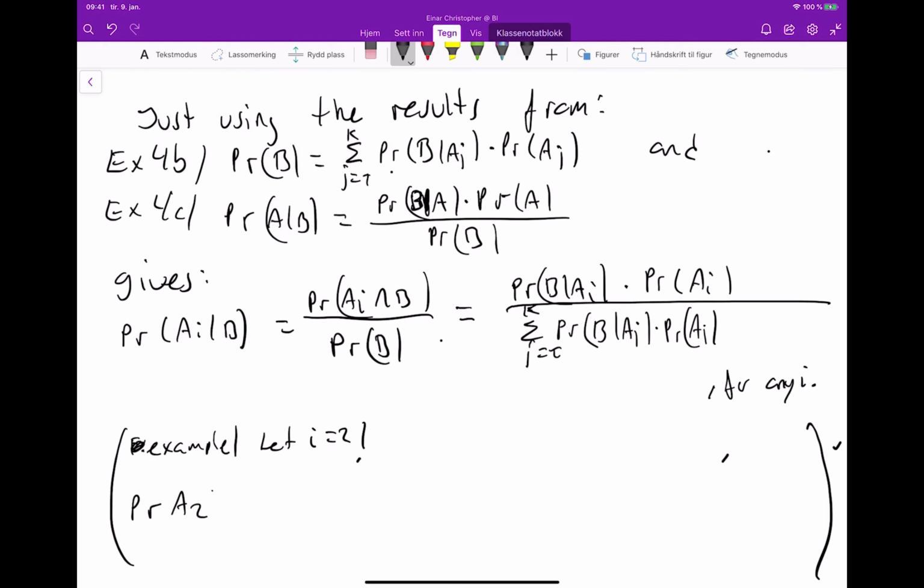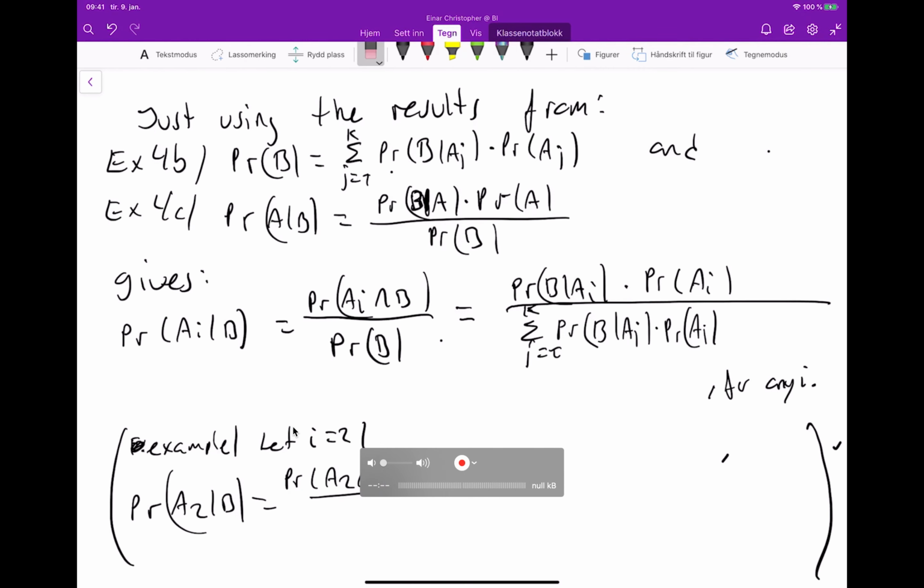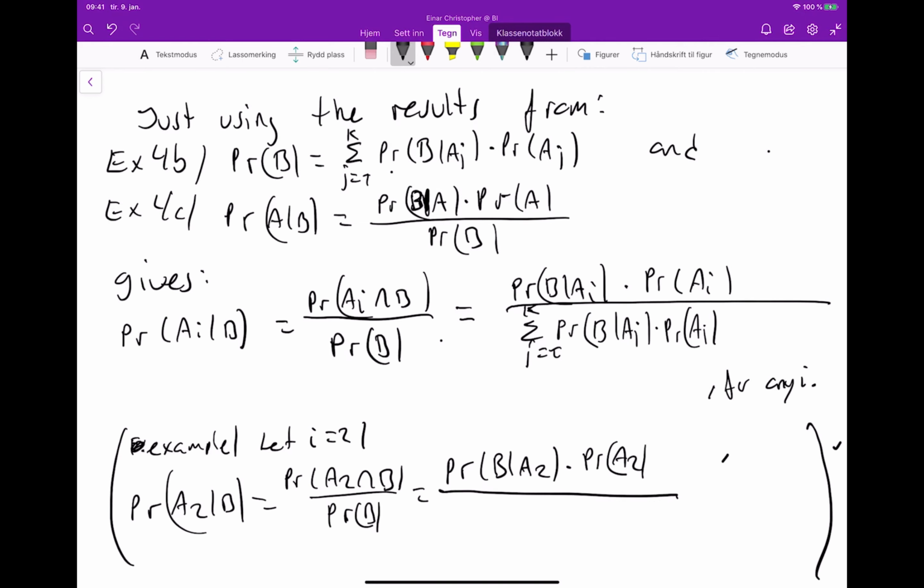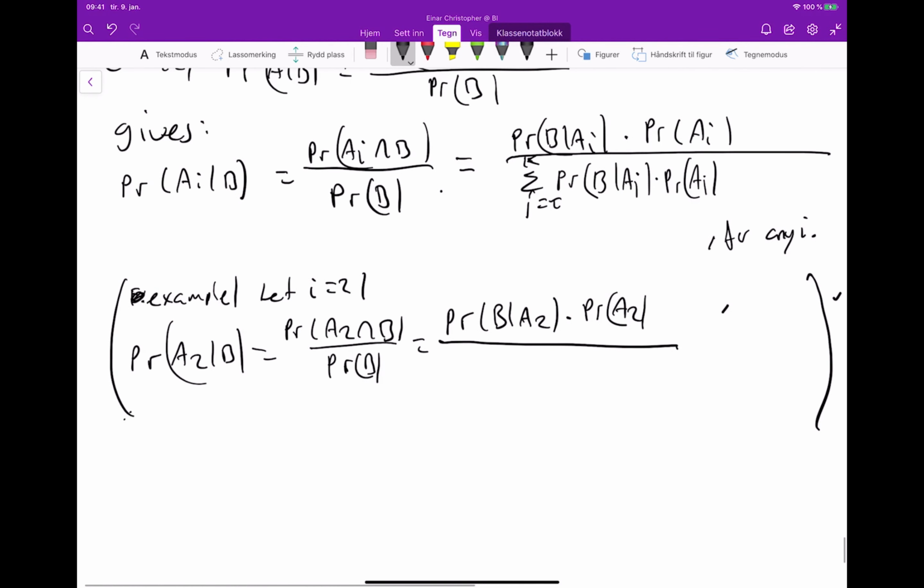Then we get the probability of A2 given B is equal to the probability of A2 and B divided on the probability of B. But we know that this first one can be written as probability of B given A2 times the probability of A2 divided on the probability of B, which we could write just the sum j equal 1 to k probability of B given Aj times the probability of Aj, or we can write it totally out like this, which maybe gives more information and understanding.